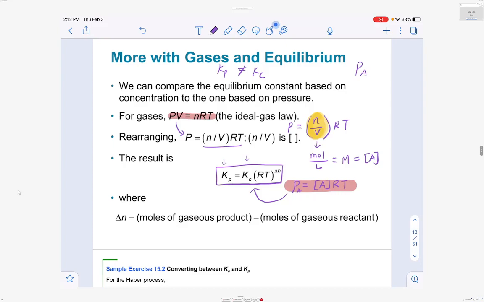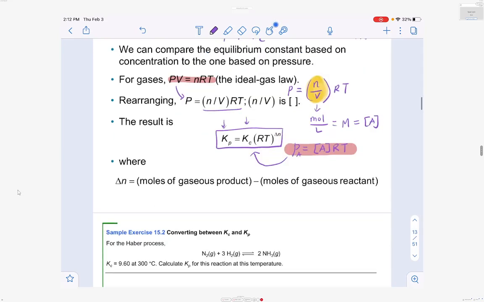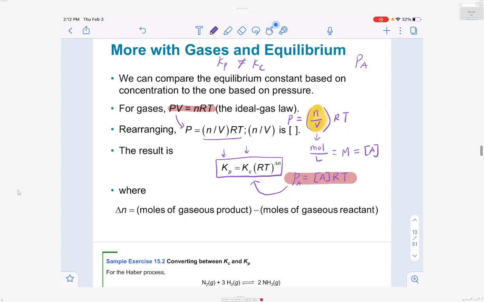So if we are provided with Kc information, you should be able to find Kp. If we are provided with the Kp information, we should be able to find Kc. In the next slide, I am going to show you how we arrived from here to here.